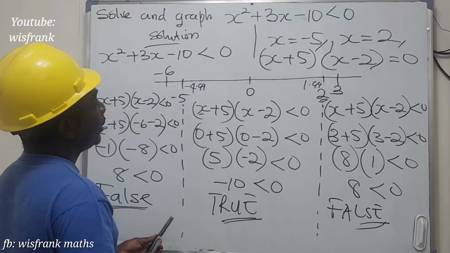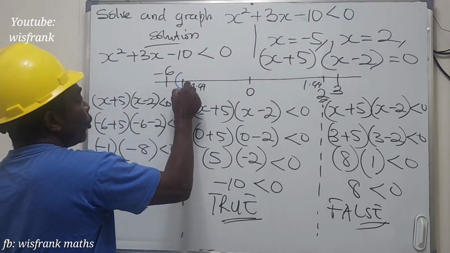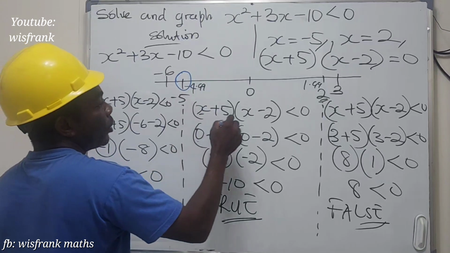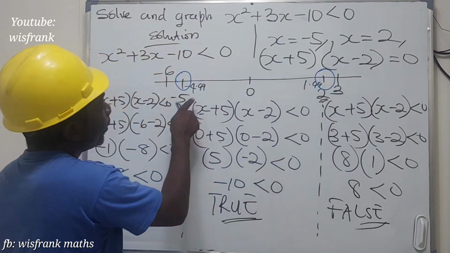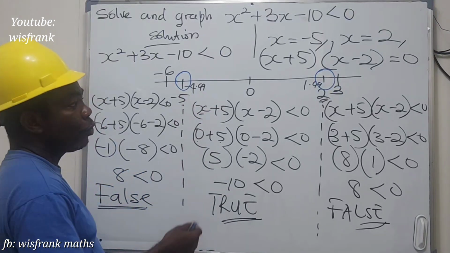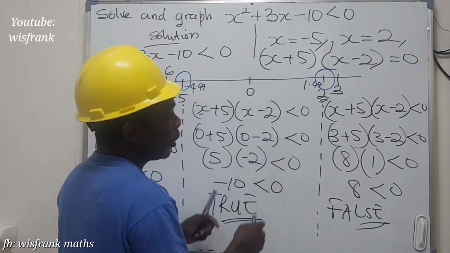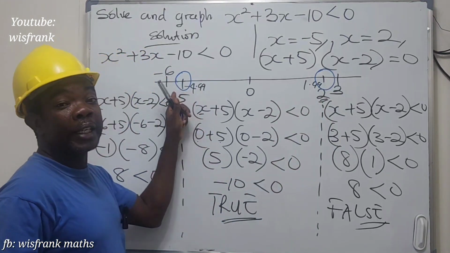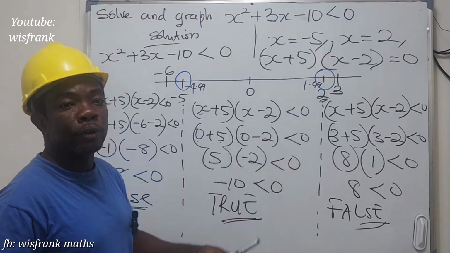We can therefore say that at this point where we have the root, we have a circle here which is not closed, and also a circle here. So the values of x that are true are between this point and this point. And the circles are open because these points are not inclusive.